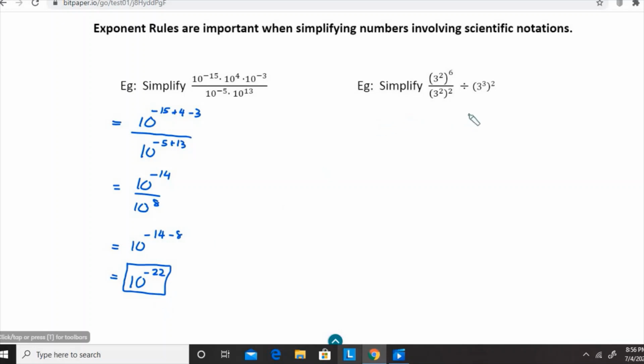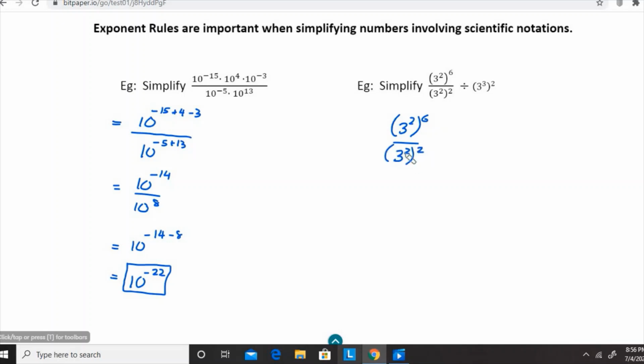So example 2, again we can see the first term, the base is 3 raised to the power 2. So keeping that base, I'm going to simplify that part. So 3 raised to the power 2, and that again has an exponent 6, and then we have 3 raised to the power 2.